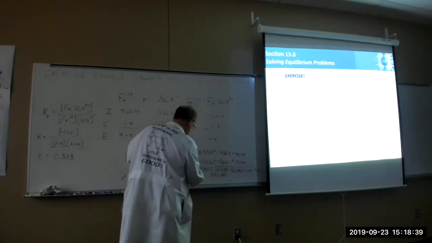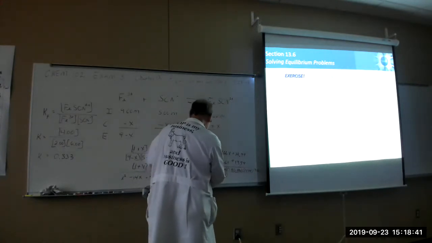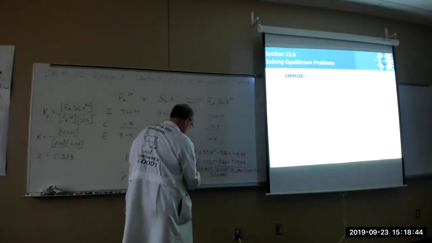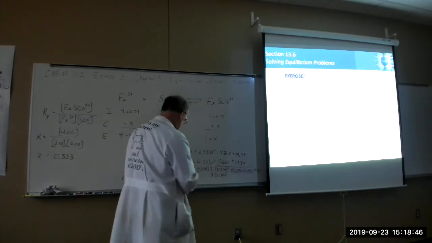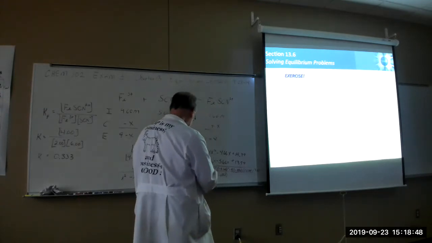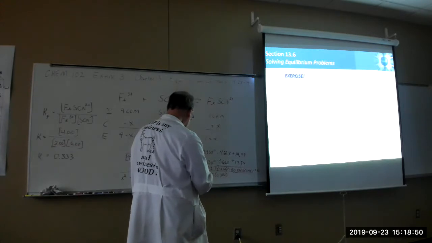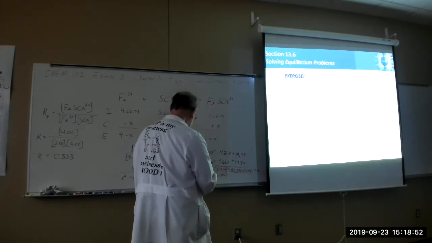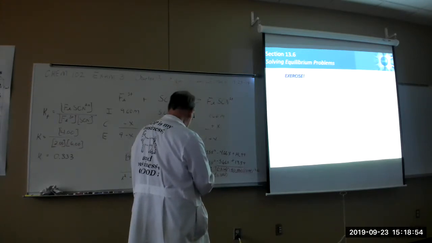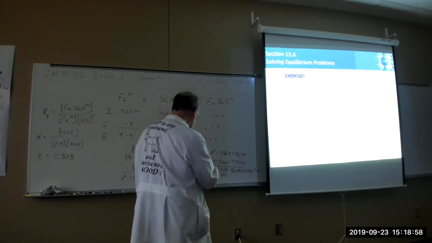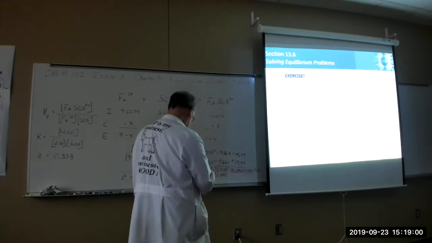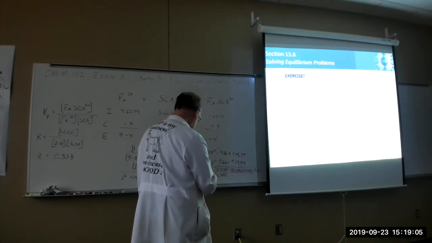So that means one value of x is this, that makes it a positive 5.66 plus that value divided by 0.333.